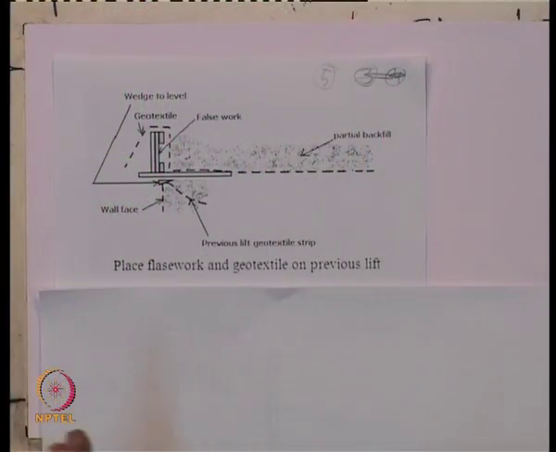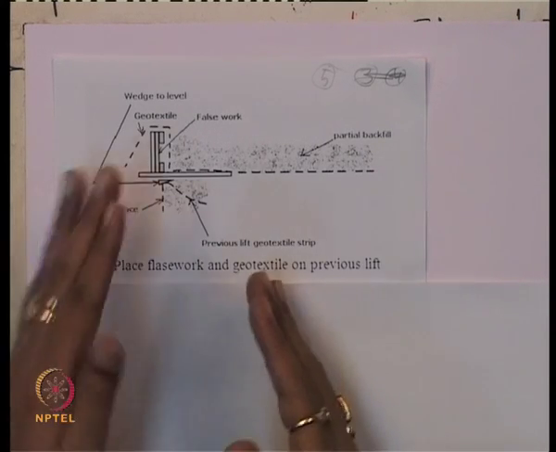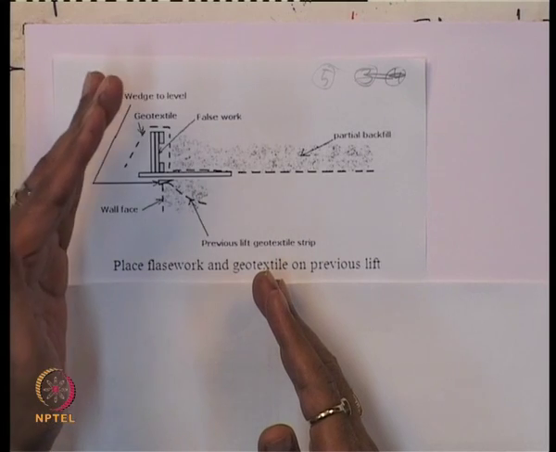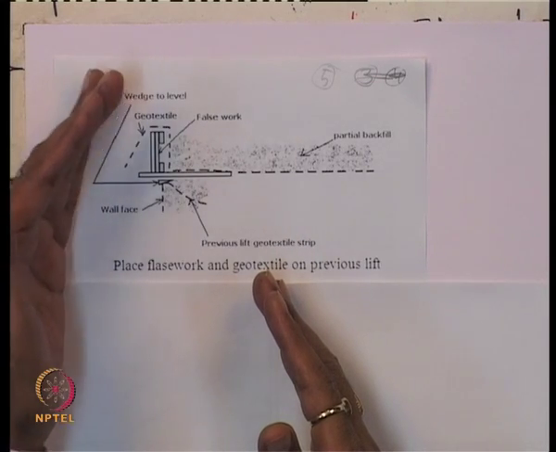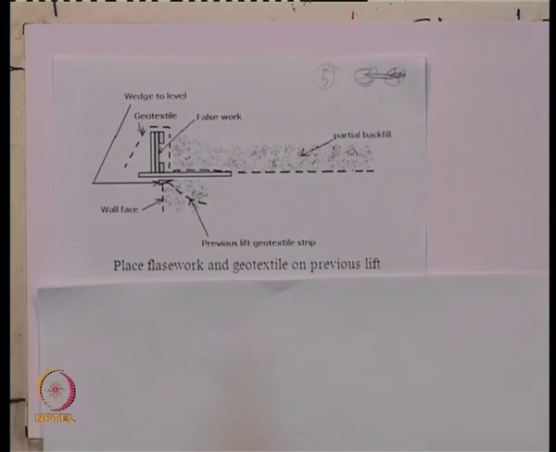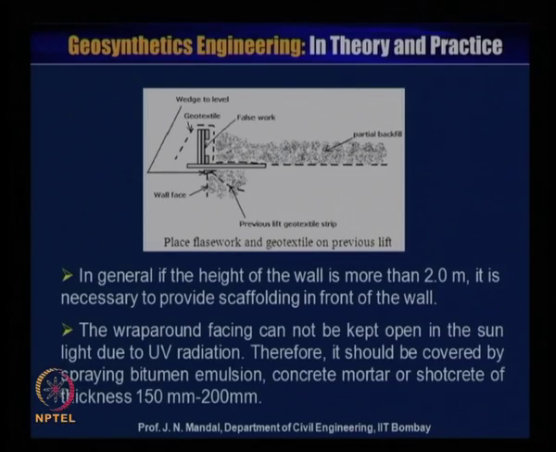In general, if the height of the wall is more than 2 meter, it is necessary to provide scaffolding. You can provide a kind of scaffolding in front of the wall. The wraparound facing cannot be kept open. You cannot keep this geotextile wall open to the sunlight due to UV radiation.